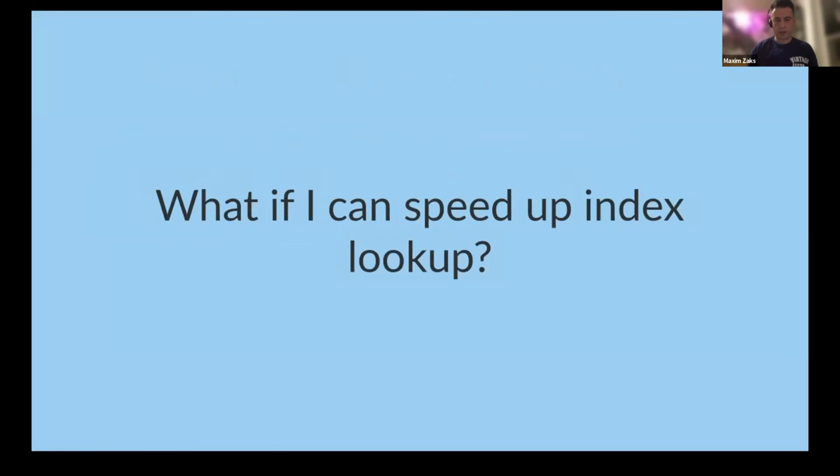Another idea I had was to speed up the index lookup even further, because I thought index lookup might be the most expensive thing. I am currently not sure anymore, but let's talk about it a little bit later.